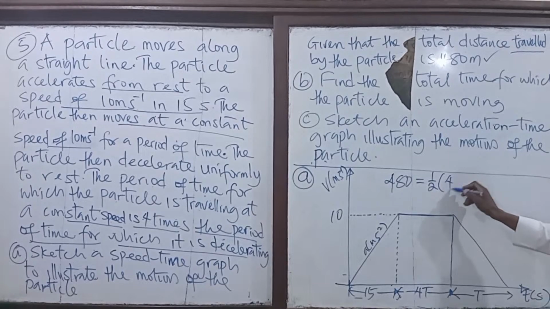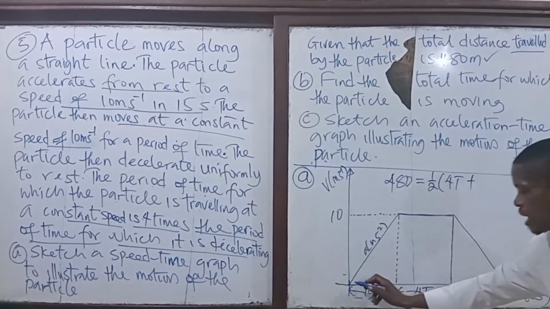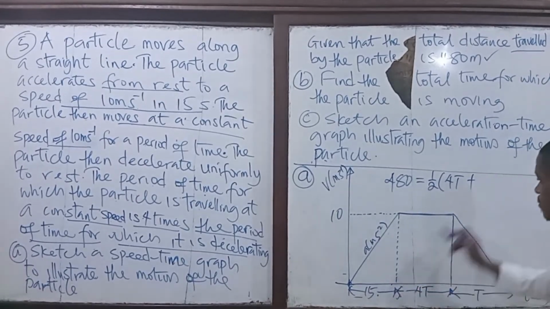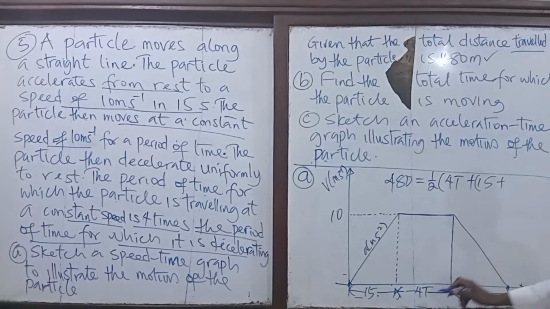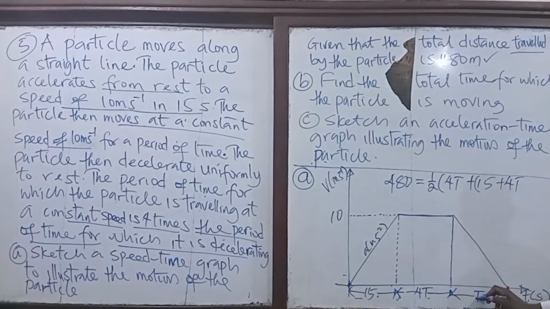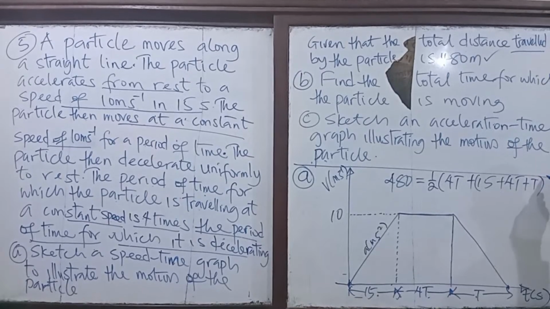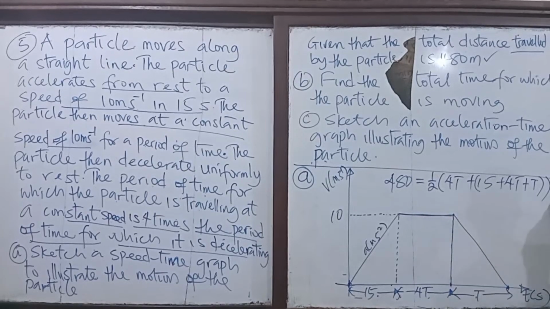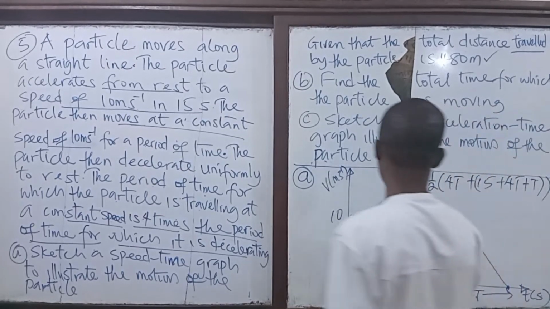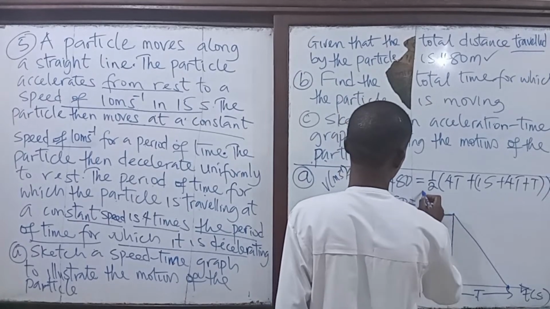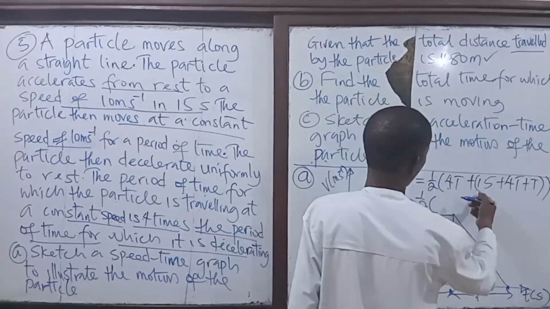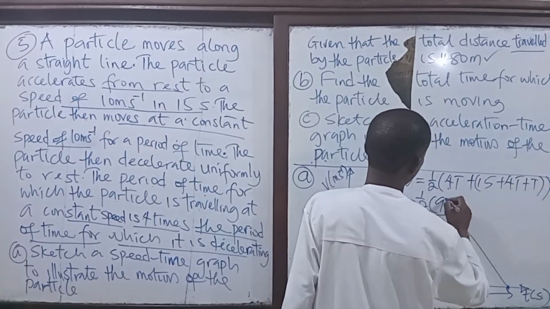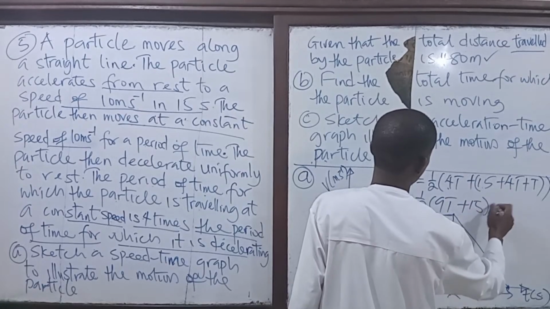Here is 40 plus, from here to here, another parallel side, 15 plus 40 plus t, and then times the height, which is 10. So that will be 480 equals 1/2 times, open this bracket, 40 plus 40 plus t, making 90, plus 15, times 10.